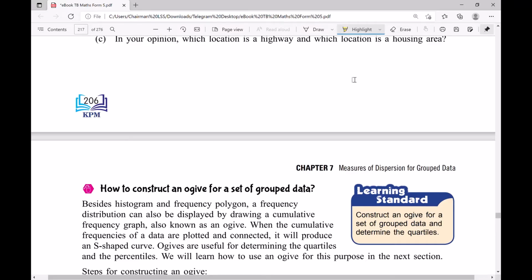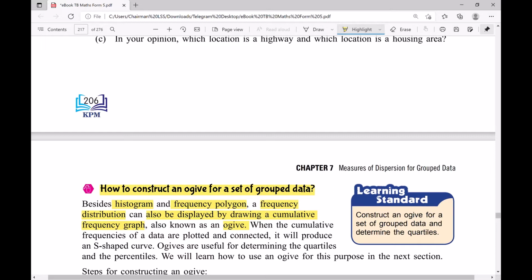Okay, class, today we are going to construct an Ogive for a set of grouped data. Besides the histogram and frequency polygon, a frequency distribution can also be displayed by drawing a cumulative frequency graph, which is known as an Ogive. How does it look?